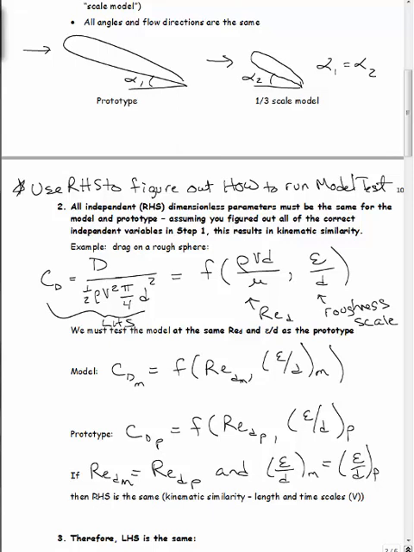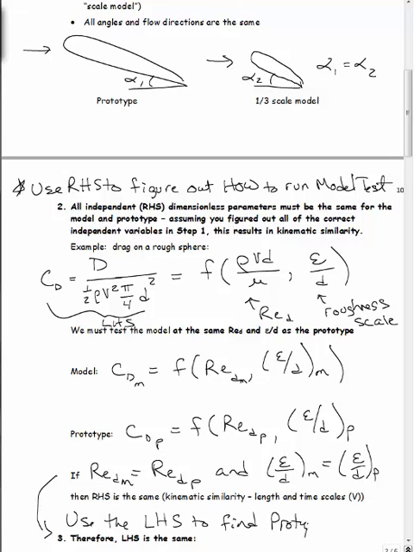So once you get this, then the left-hand side is the same, or the CDs are the same. So you use the left-hand side, those CDs, to find your prototype answers.